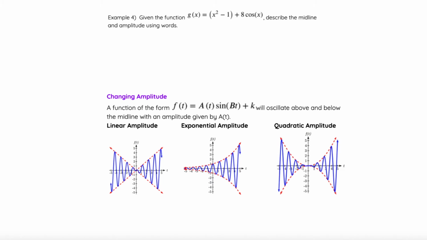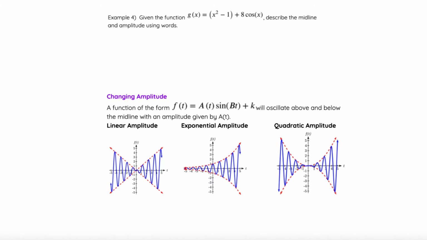In this particular piece, it's asking us that if we are given this particular function, x squared minus 1 plus 8 cosine of x, describe the midline and amplitude utilizing words. So this isn't really in the manner in which we have been writing items, so our cosine should probably come first.